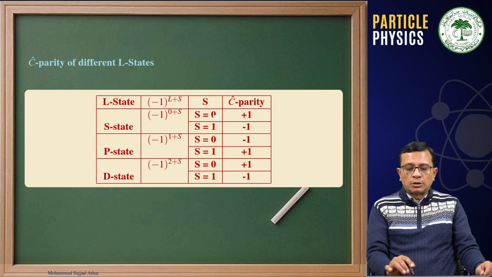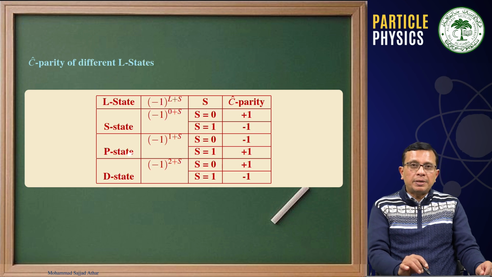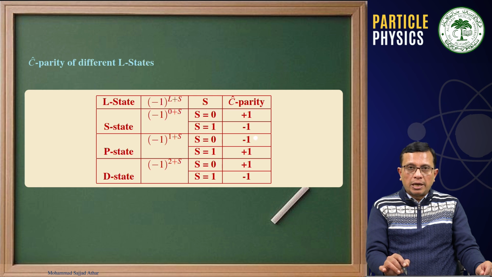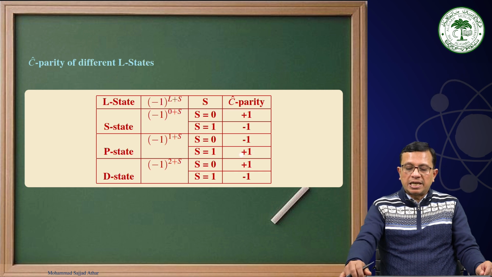If S is 0, then this is an even parity state. If S is 1, this is an odd parity state. Now, if the system is in a P state, then for S equal to 0, this will be an odd parity state, and this will be an even parity C state, and similarly for the D state, for which L is equal to 2.